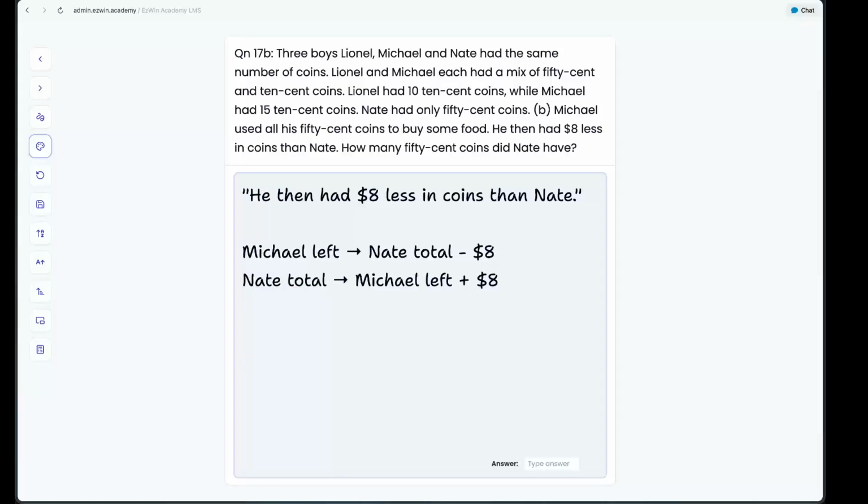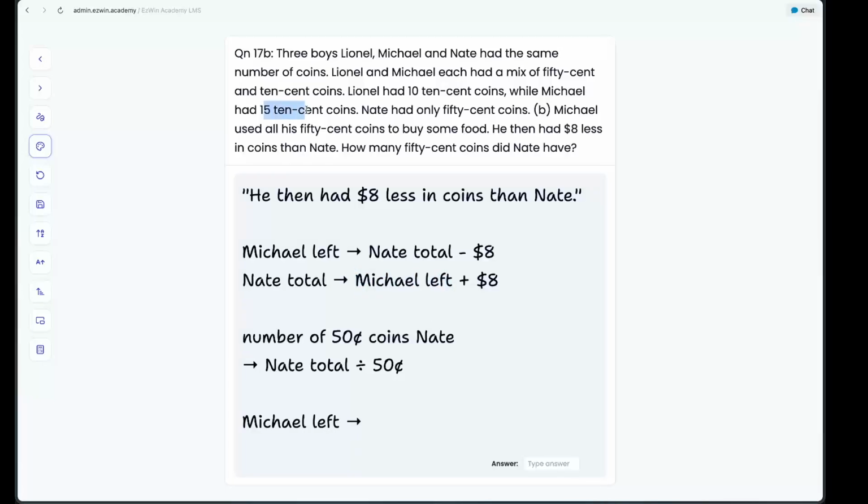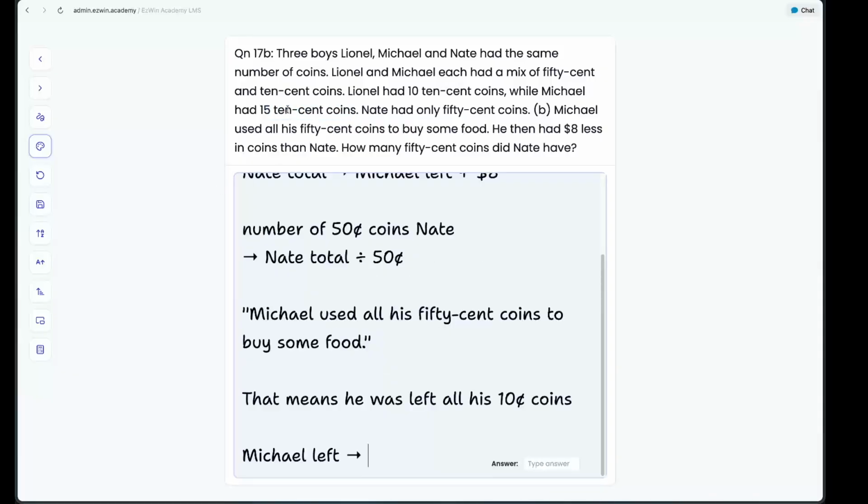Once we know Nate's total, then the number of 50-cent coins Nate has is Nate's total divided by 50 cents. So we need to find Michael's amount left. Since he is only left with the 10-cent coins, which is 15 10-cent coins, that is 15 times 10 cents, and this will give us 150 cents.